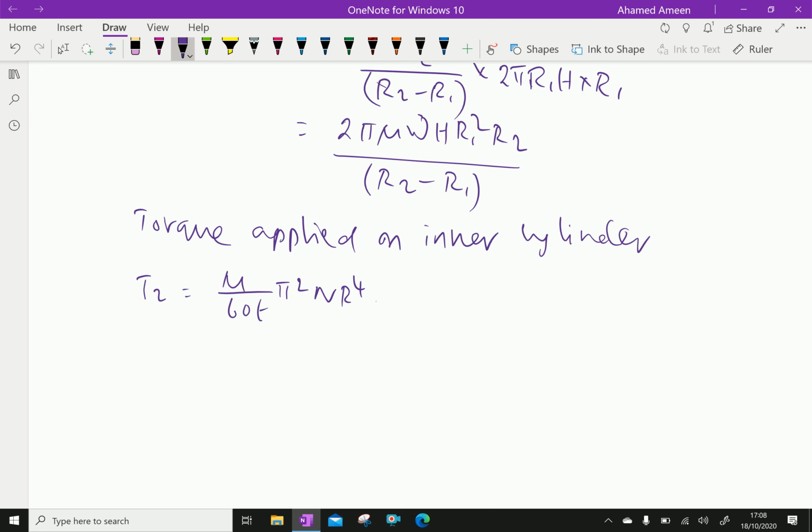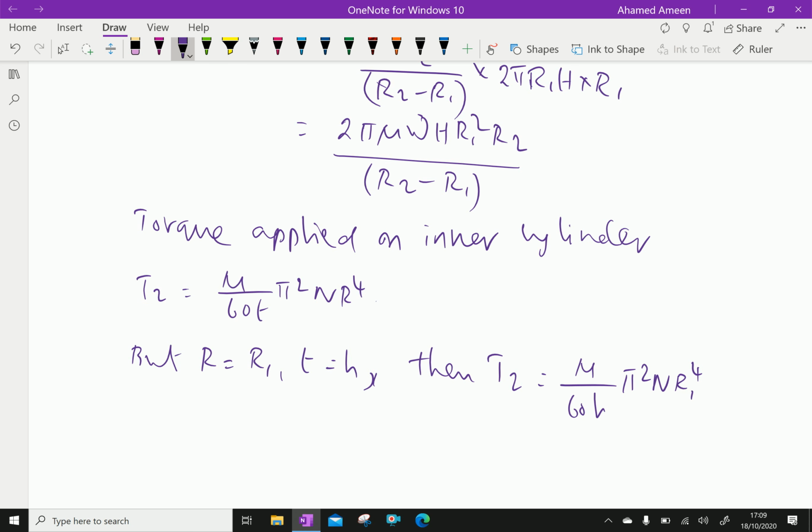Here r equals R1 and the thickness is h, so T2 equals mu over 60h into pi squared n R1 power 4.